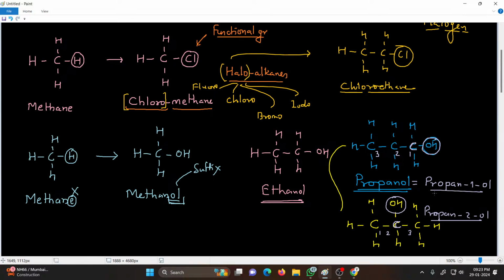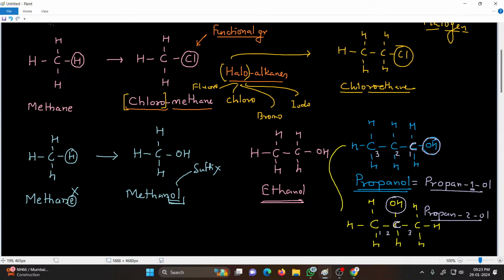Look at this. Here the functional group is attached to the first carbon, so that's why number 1 here, and here the functional group is attached to the second carbon, so that's why it is propane-2-ol here.